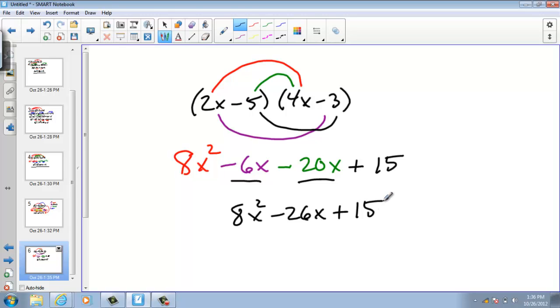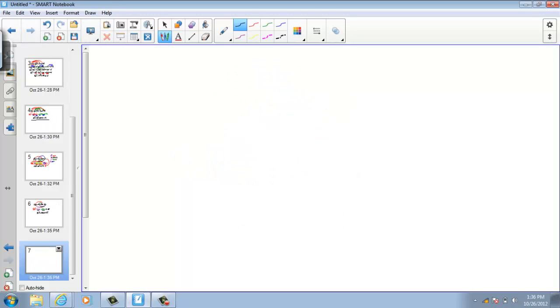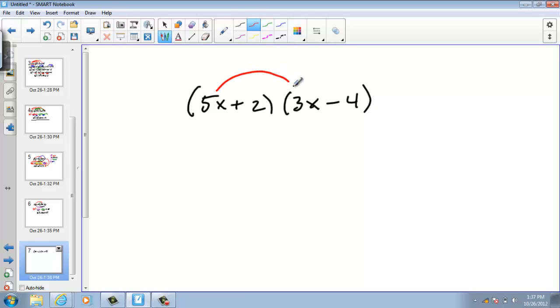Now let's try one in which we can maybe combine the outside and the inside terms in our head and skip a step. Let's try 5x plus 2 times 3x minus 4. Here we go. Product of the first terms, 15x squared. Product of the outside terms, negative 20x.